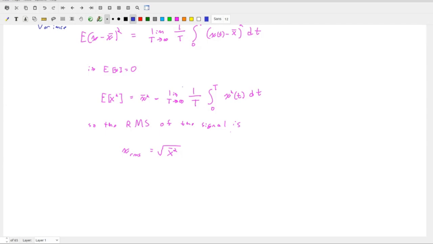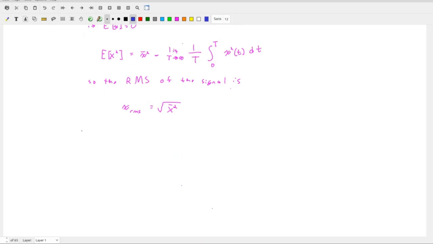So we want to, for a non-stationary signal, an important measure of interest is how fast does it change, right?